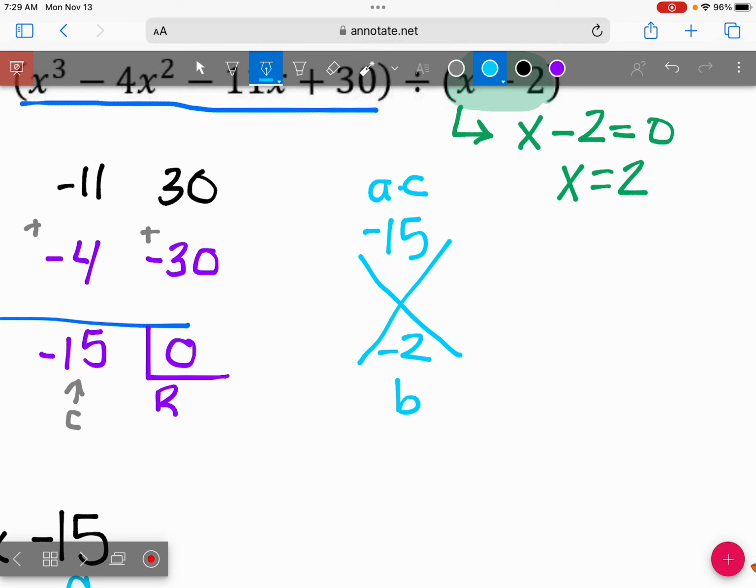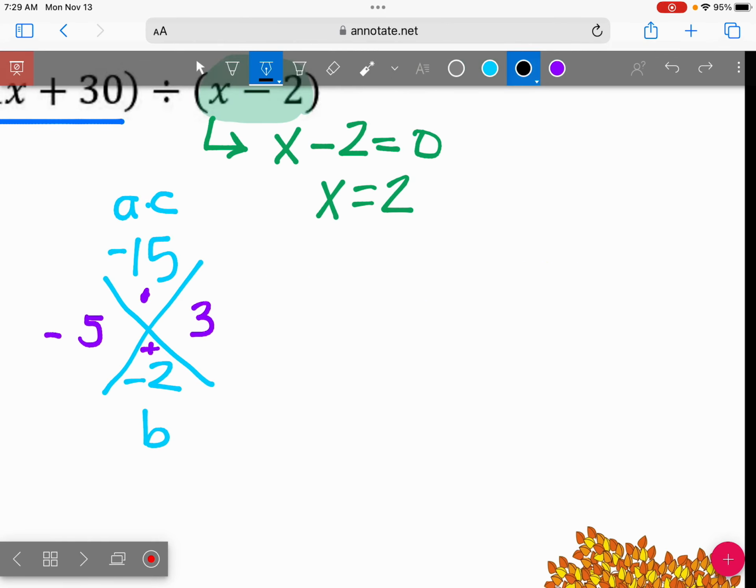All right, do we have a pair of numbers that multiplies to make negative 15 and adds to make negative 2? Is there a pair of numbers that multiplies to make negative 15 and adds to make negative 2? Negative 5 and positive 3.